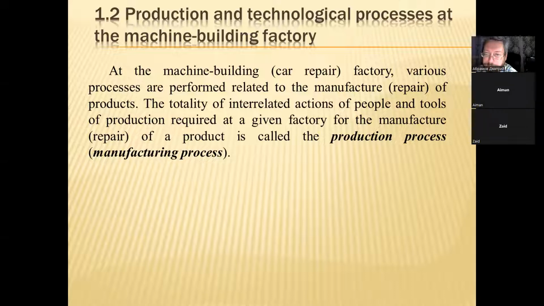Please write down in your notes what the production process is. The totality of interrelated actions of people and tools of production required at a given factory for the manufacture or repair of a product is called the production process.